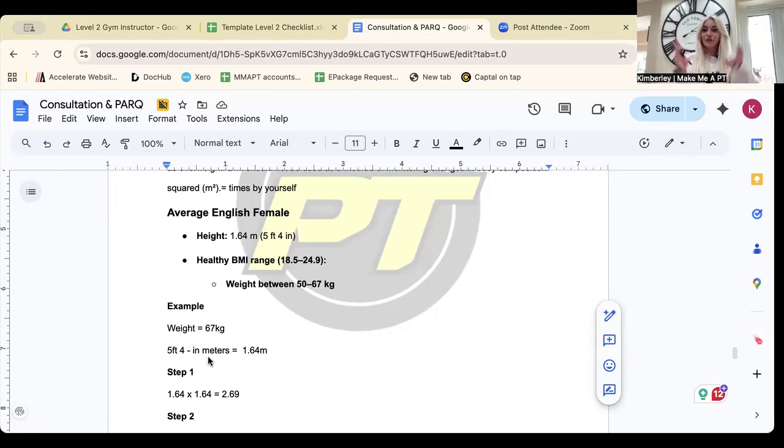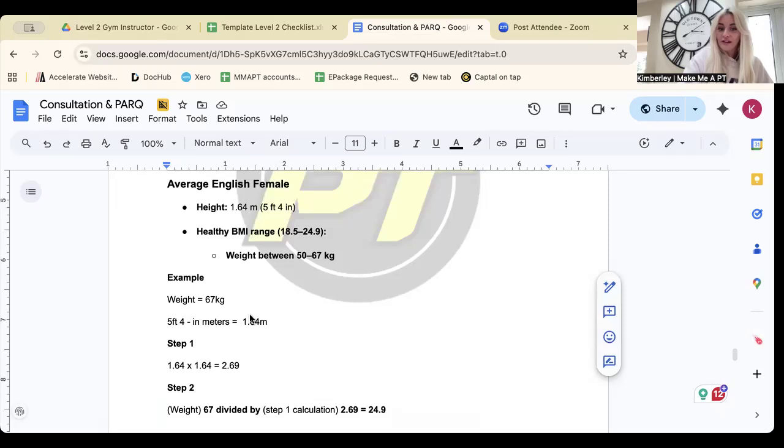That's the first thing we need to figure out: their weight in kilograms, and then their height in meters. So step two, we've already figured out the height in meters, which is 1.64, and then during the calculation, it's times squared.